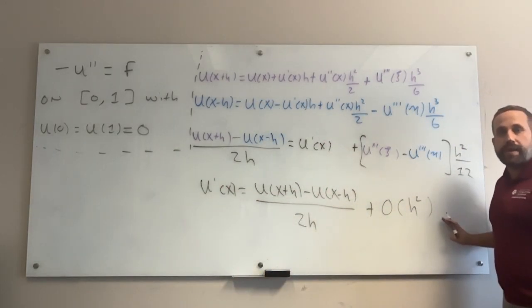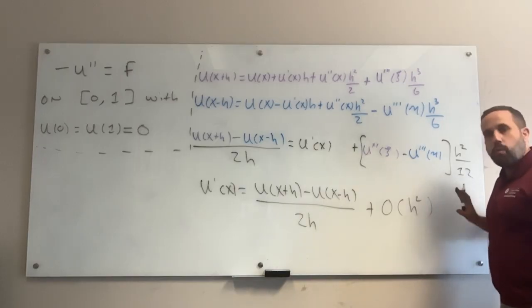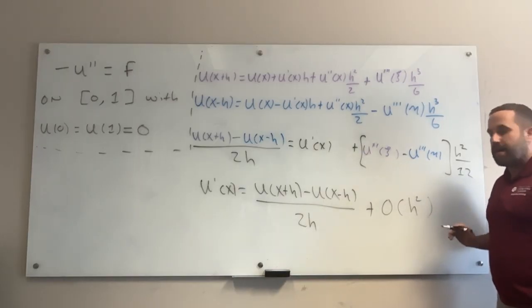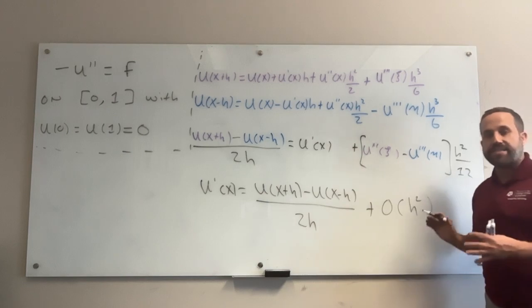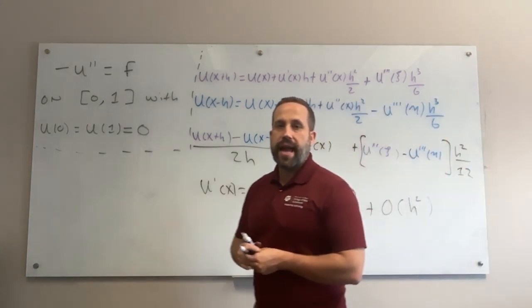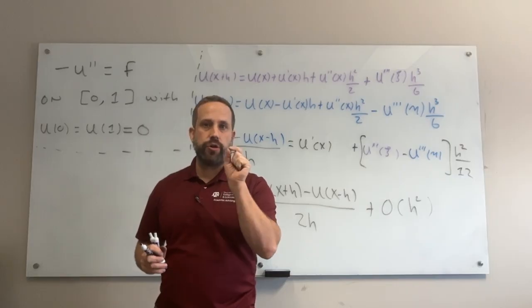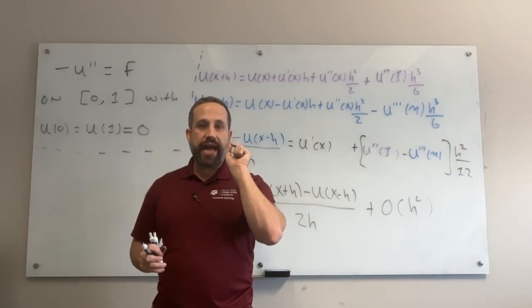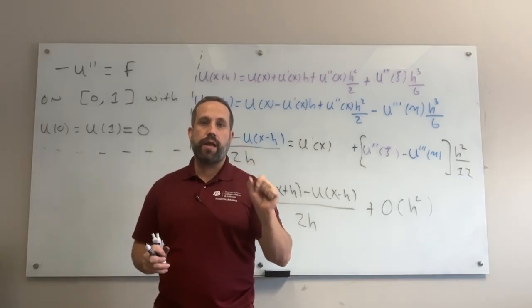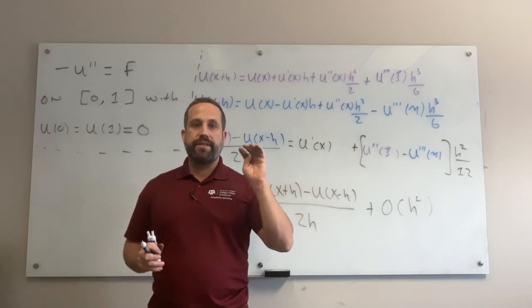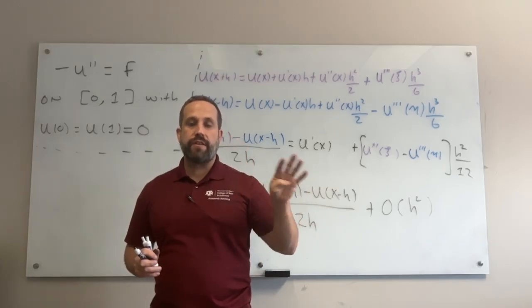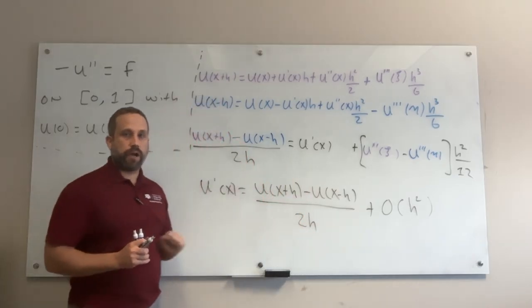So practically speaking, what this means is that if I cut h in half, say I'm approximating with h small, let's say h is equal to 0.2 and I cut it in half to 0.1, the error decreases by a factor of 4 rather than a factor of 2, using this approximation method.